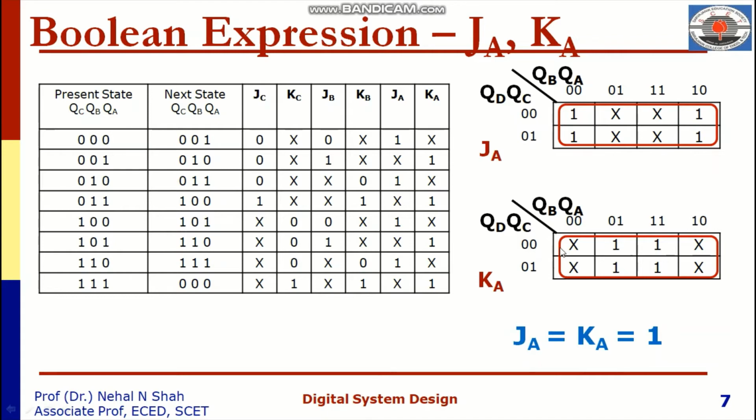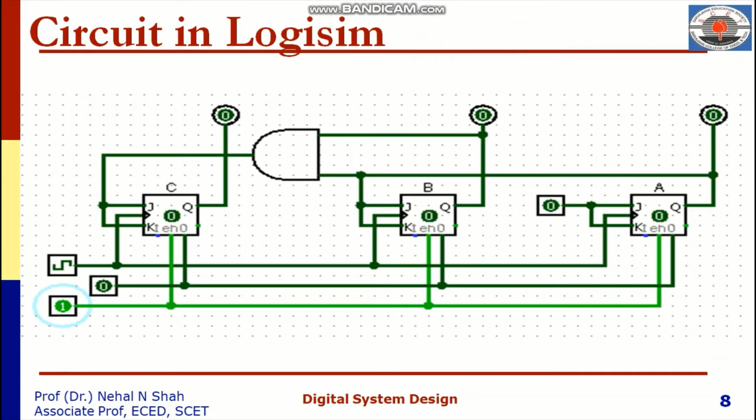Because we can observe all the values in the JA table are either 1 or don't care. Similarly, all the values in the KA K-map are either don't care or 1. So, JA, KA are 1. According to all these Boolean expressions, we can now connect a circuit using Logisim.